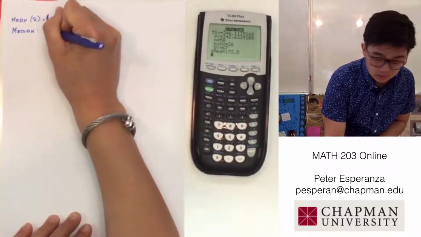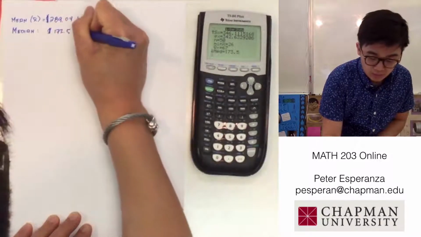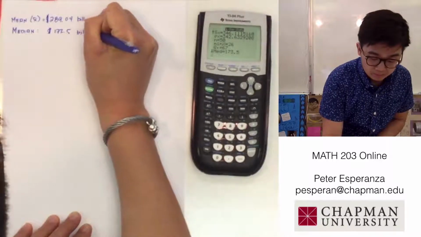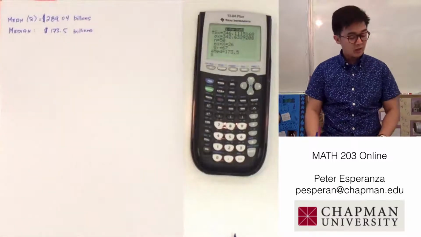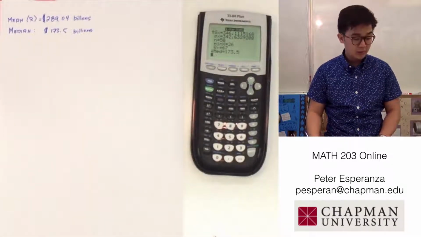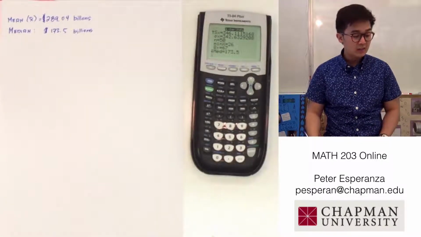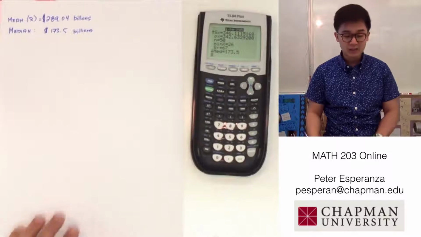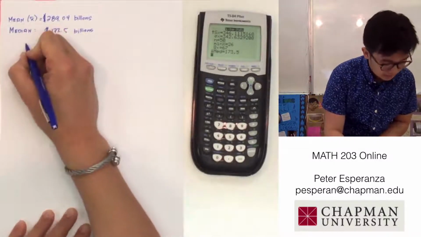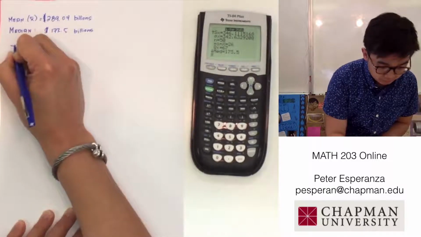So the median is at 173.5 billions. And to answer the question here about statistics and parameters, we can say that since the given data set is telling us all 50 states, this data set is population parameters.